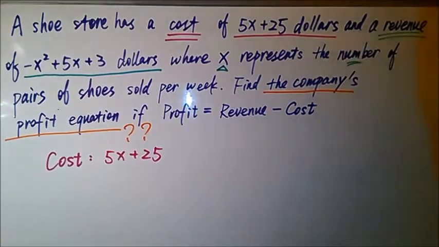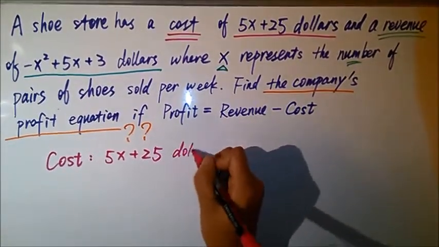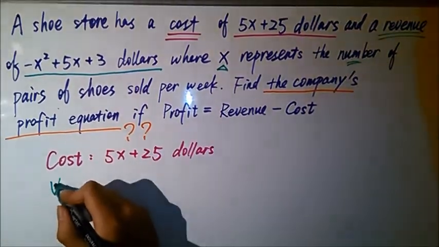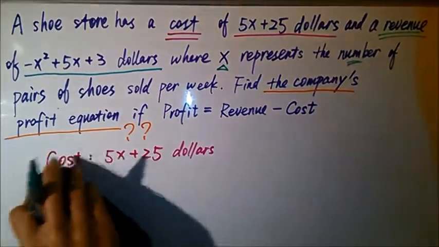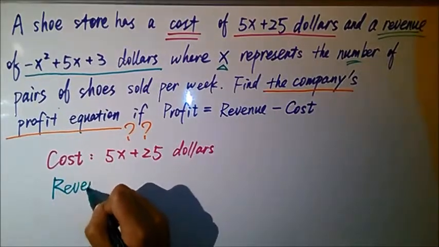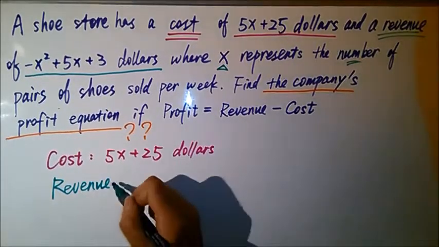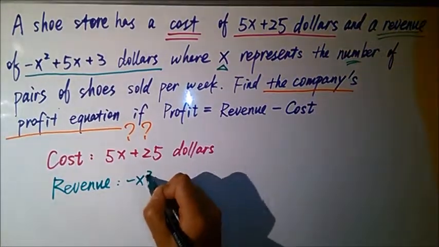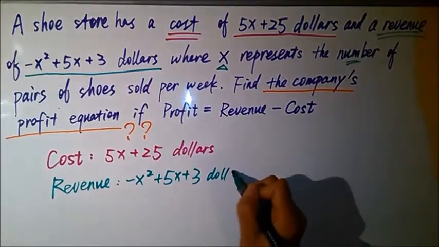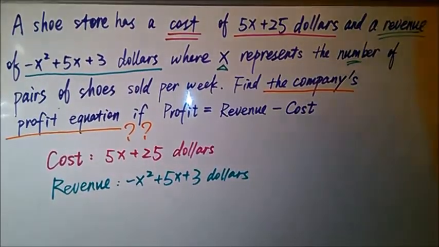Revenue equals negative x squared plus 5x plus $3. And they specifically tell us that x represents the number of pairs of shoes sold per week. Okay, and that's what we have.